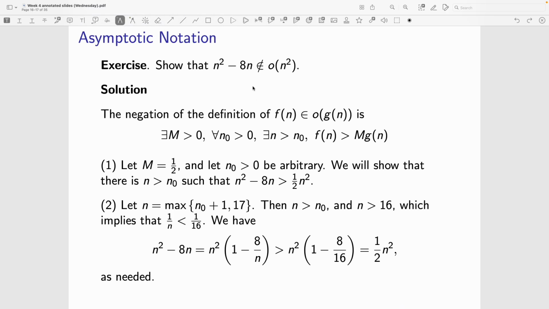So what are we doing again? N squared minus 8n is not in little o of n squared. Check out the quantifiers. We're going to find a specific m greater than 0 such that for all n naught, there's an n greater than n naught such that f of n is greater than m times g of n.